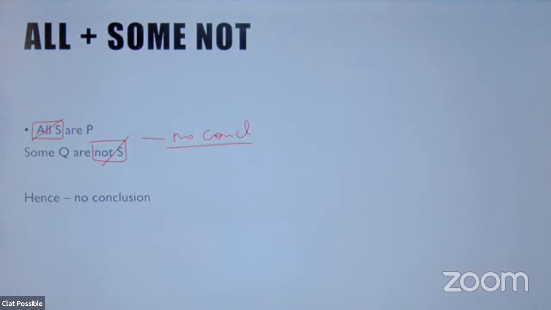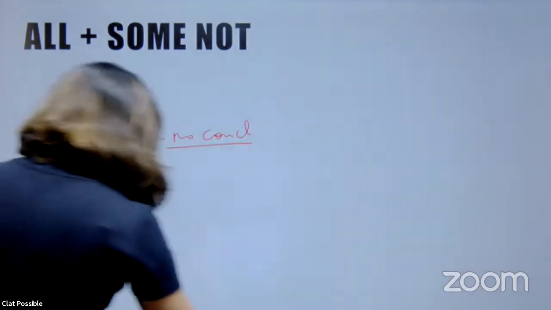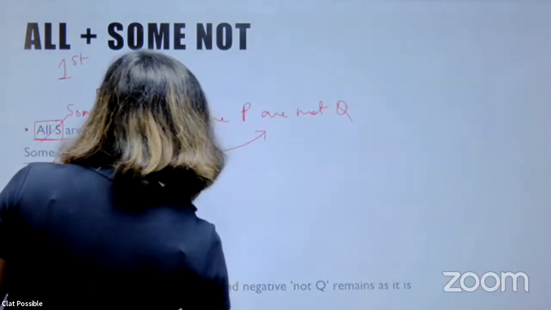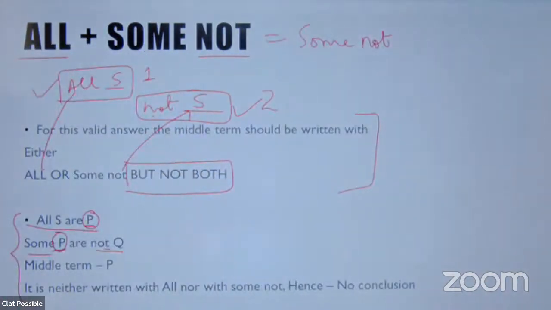Right? So when the middle term is written with both, there is no conclusion. And let me take you back a little. Let's look at this case. The middle term is neither written with all nor with not. Again, no conclusion.